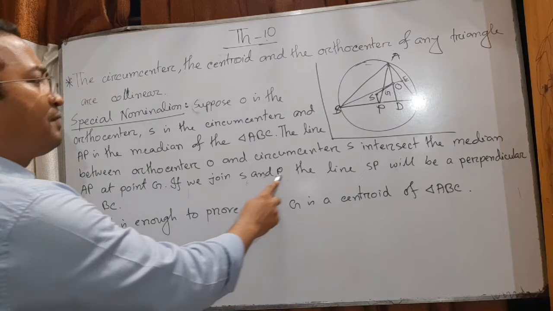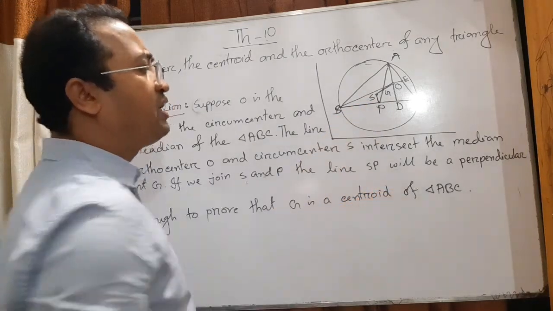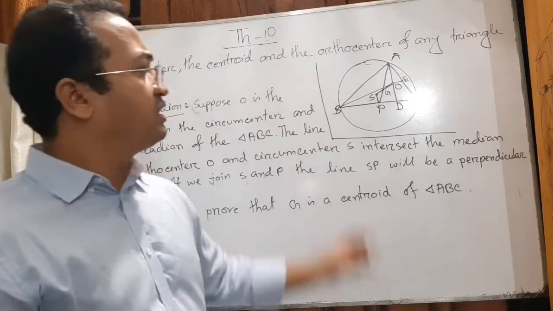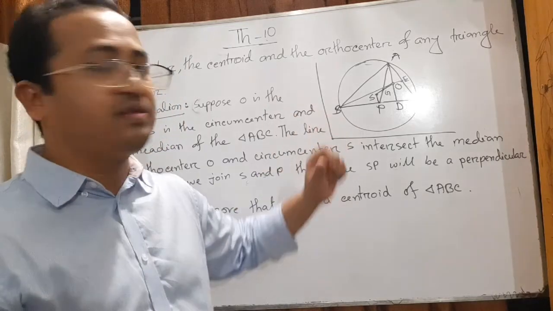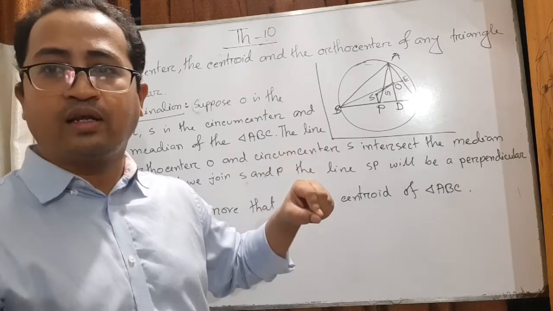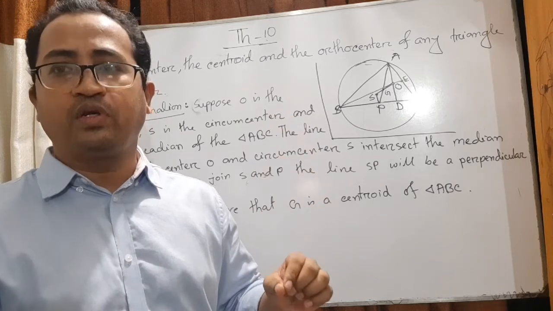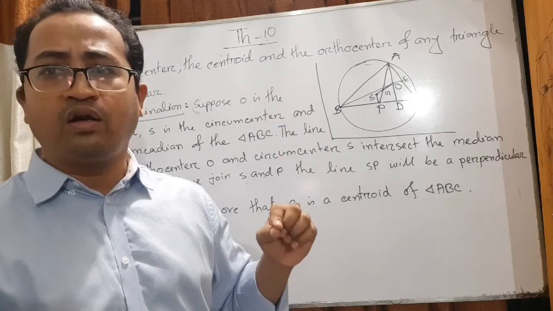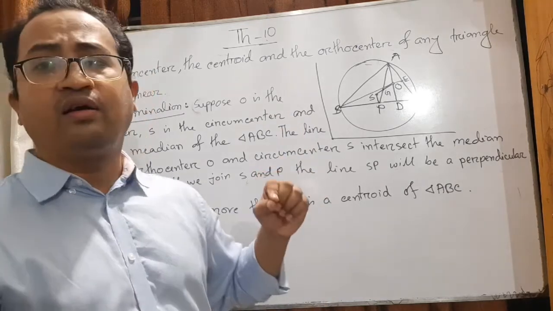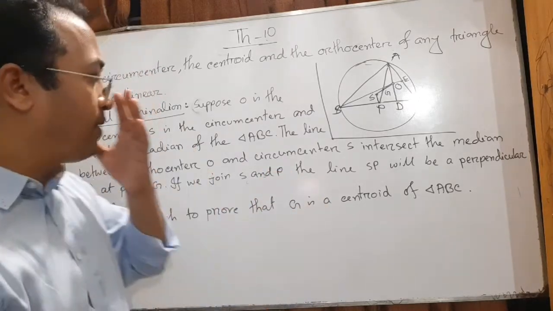If we join S and P, the line SP will be perpendicular. I have told you this is perpendicular because P is the midpoint and S is the center of the circle. The line from the midpoint of a chord to the center of the circle must be perpendicular.